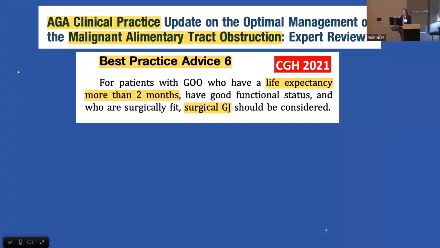So here we see the AGA guidelines, best practice advice number 6: for patients with gastric outlet obstruction who have a life expectancy of more than 2 months, have good functional status, and are surgically fit, surgical GJ should be considered.